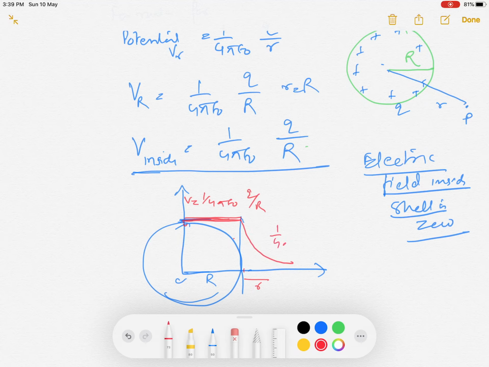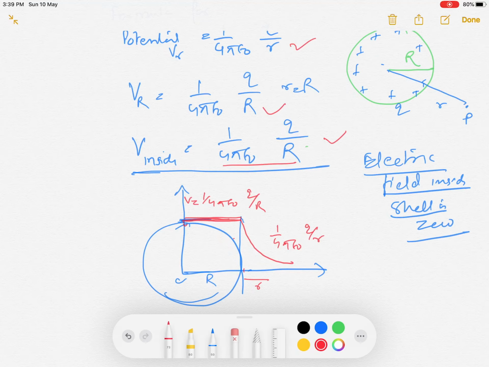It becomes 1 upon 4 pi epsilon 0 q by small r. This red line represents the graphical representation of potential of a spherical conductor. Inside and on the surface potential is the same, but outside it becomes smaller.